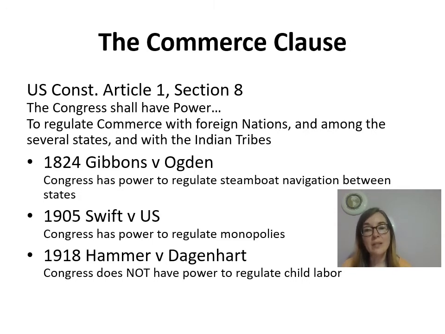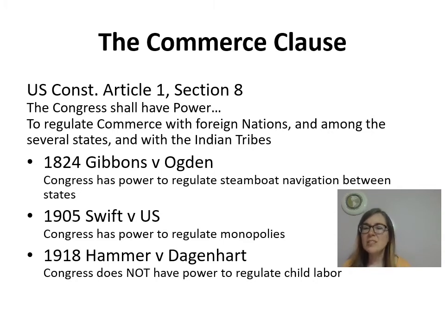However, there are limits, and the 1918 case of Hammer v. Degenhardt really shows this. This ruling said that Congress does not have the power to regulate child labor.